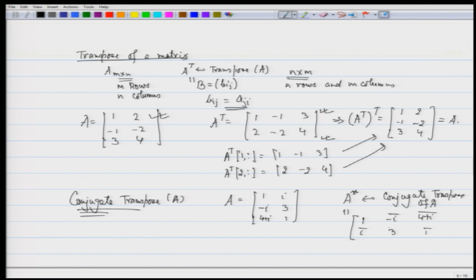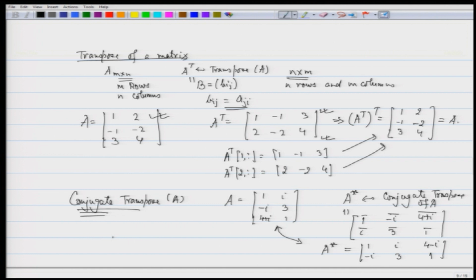As such we are supposed to take conjugate of everything, but since they are real numbers, their conjugate is itself: 1, conjugate of i is minus i, conjugate of minus i is i, conjugate of 3 is 3 itself, conjugate of 4 plus i is 4 minus i. So, given A, this is our A conjugate or A star, fine.